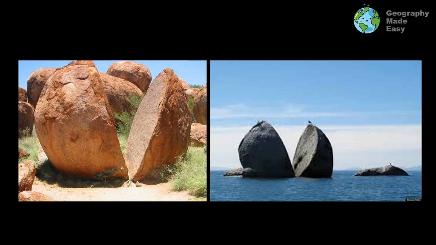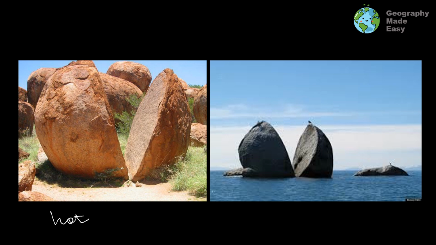Usually it is seen in hot areas, so deserts where the sunshine is very intense, and over a long period of time the rock is exposed to sunlight. So mostly near the tropical areas we see insolation weathering taking place. We have seen that in this case the rock has just split into two because of insolation weathering.